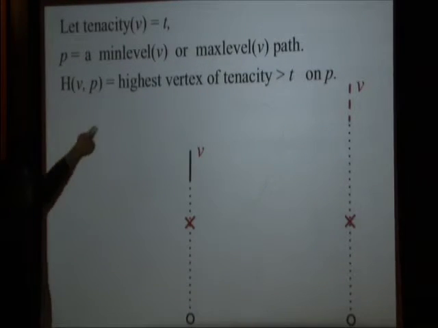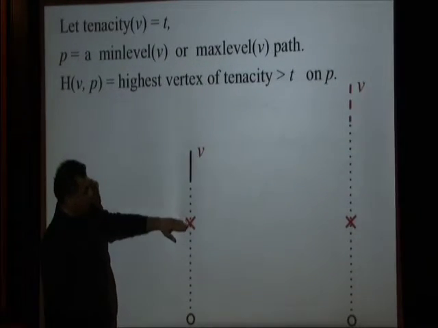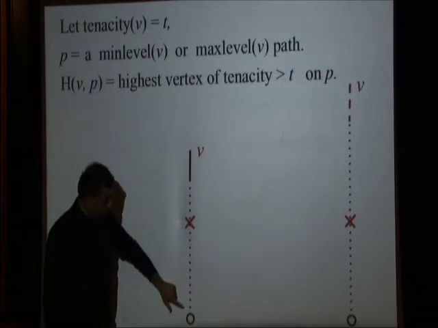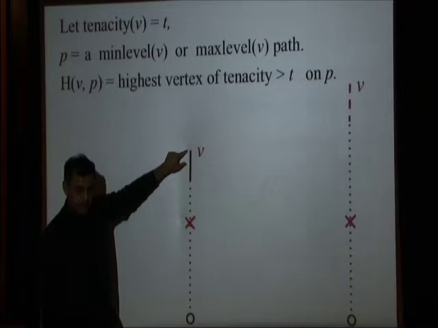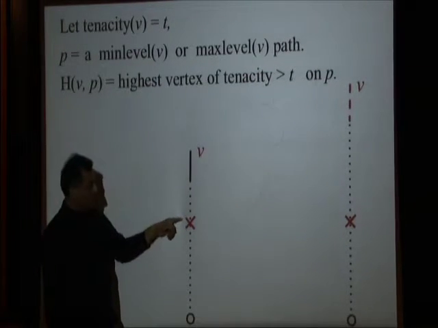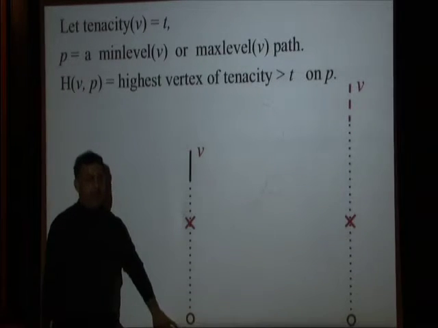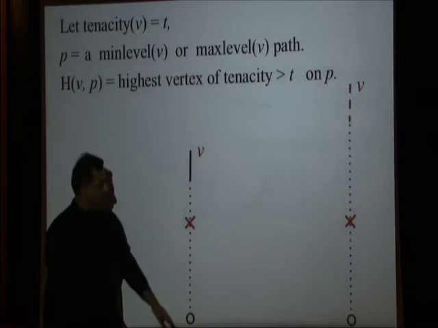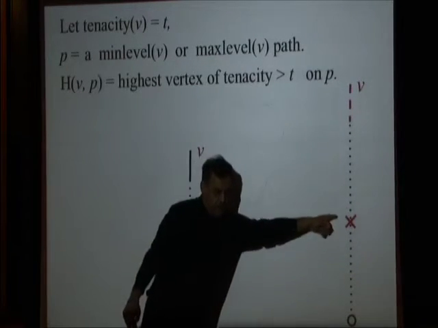And let HVP be the highest vertex of tenacity bigger than T on this path. So look at vertices of tenacity bigger than T on this path, and pick the highest one, the one furthest away from the unmatched vertex, and the unmatched vertex will be one of them, of course, because that has the highest, right? So it is this here, it is this here.